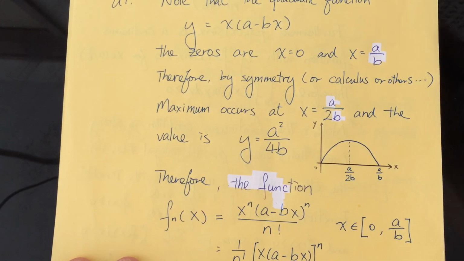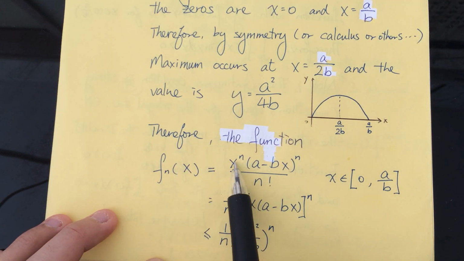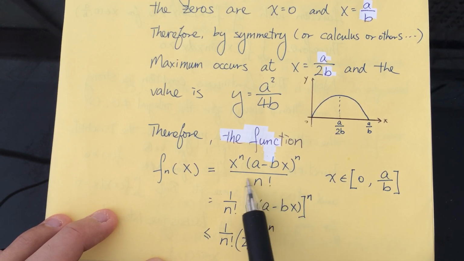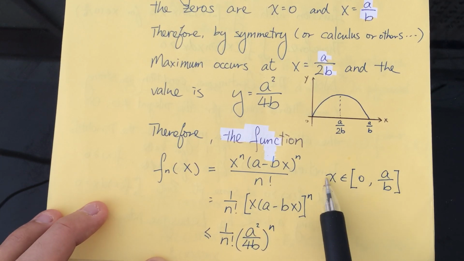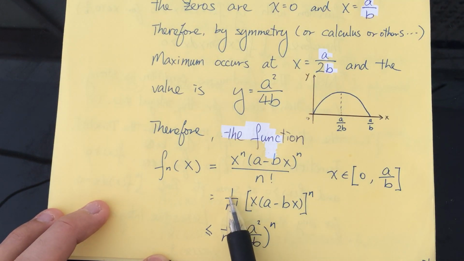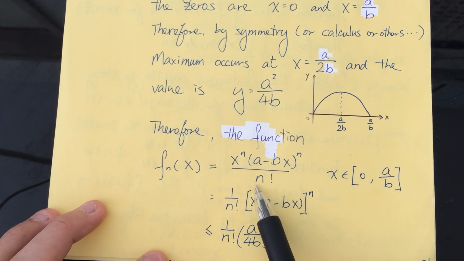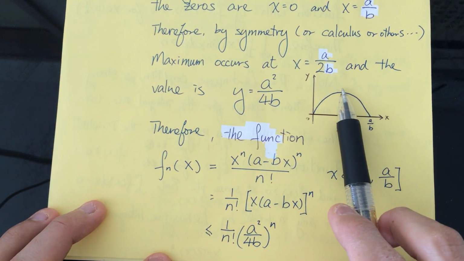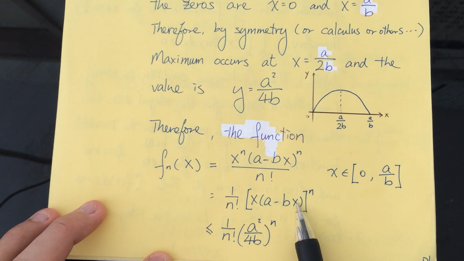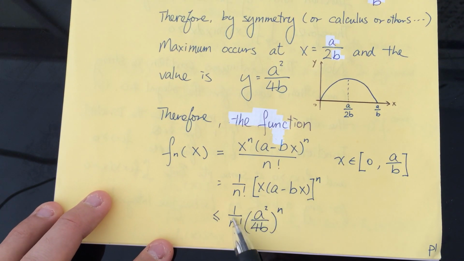Therefore, the function f_n(x), which is constructed from the quadratic function to the power n divided by n factorial, which is a constant, in the closed interval 0 to a over b, has the same maximum as the original quadratic function by substituting x as a over 2b. So maximizing this part, it is a squared over 4b. That's why I have this result.